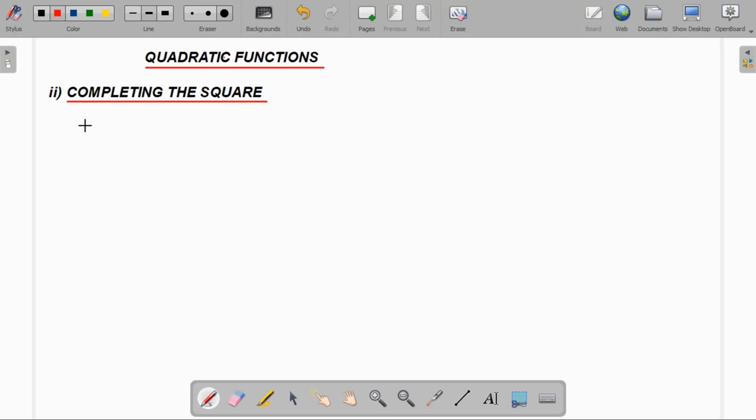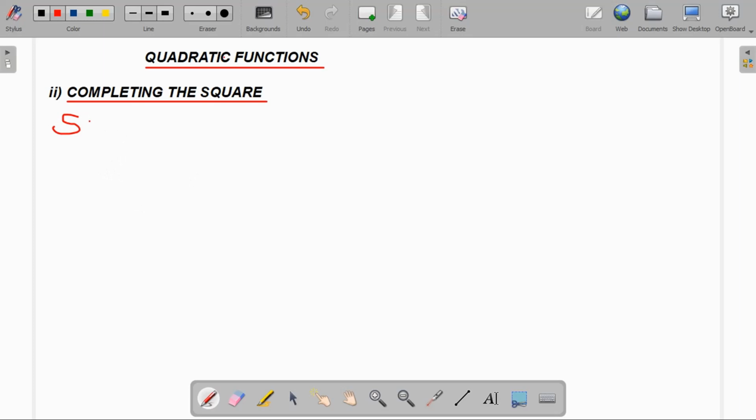So in this video we are talking about completing the square. When they say completing the square, what we need to understand is that when you're using this method, you have to make sure that the coefficient of x square is always 1.